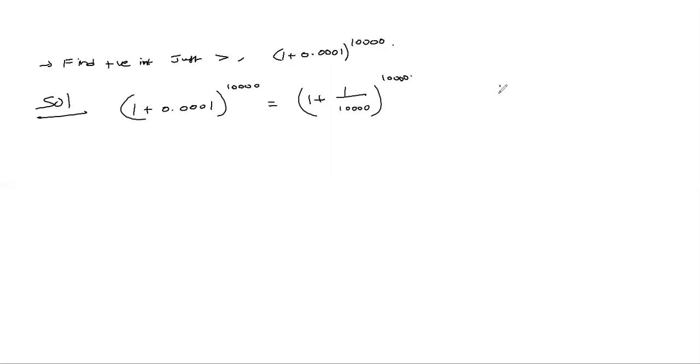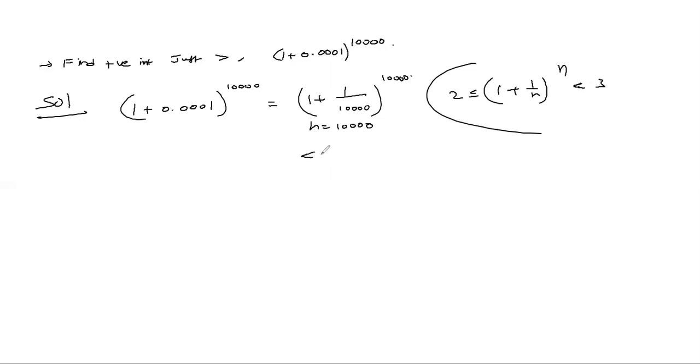Now you can observe this is in the form of 1 plus 1 by n whole power n. Clearly the range of that expansion, whenever n is a natural number, is 2 less than or equal to 1 plus 1 by n whole power n less than 3. So here n is 10,000.